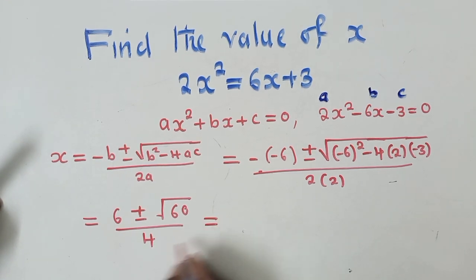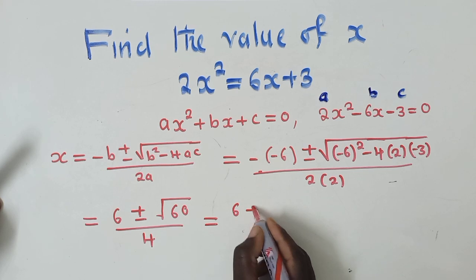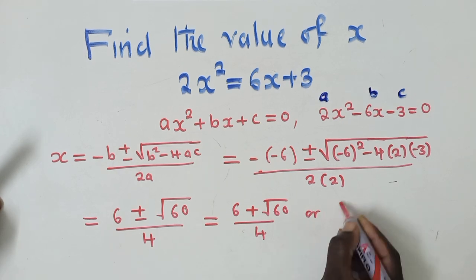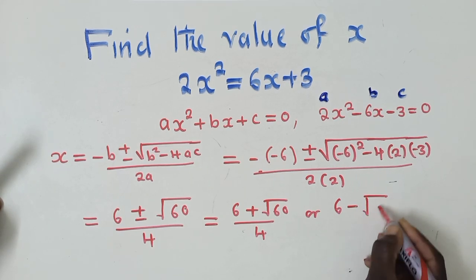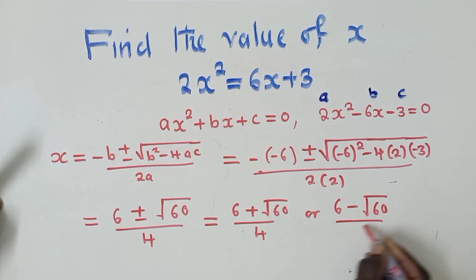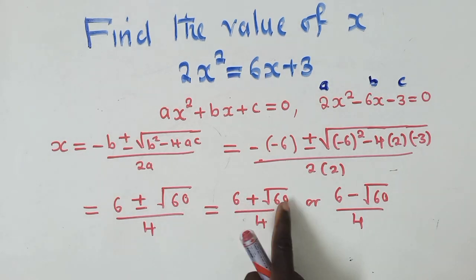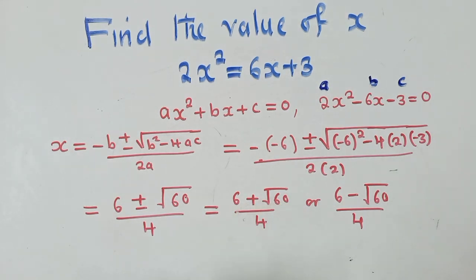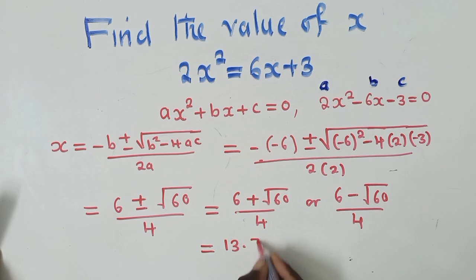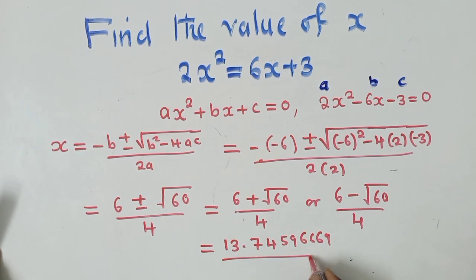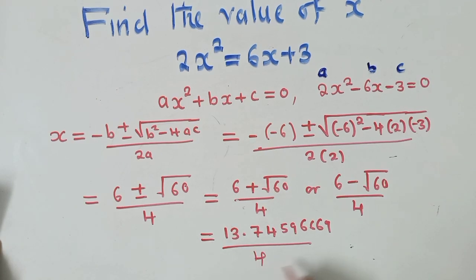From this stage, you can separate them. We've got 6 plus square root of 60 over 4, or 6 minus square root of 60 over 4. So we solve this. You punch this on your calculator, and automatically you are getting 13.67459669, over 4.